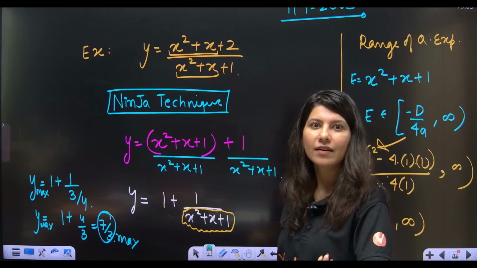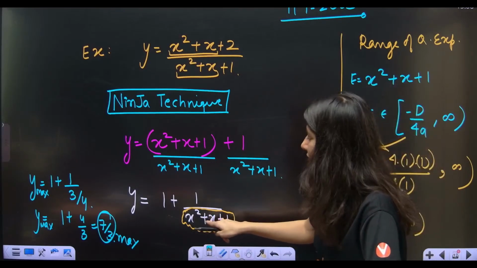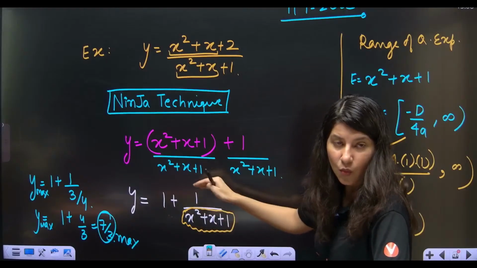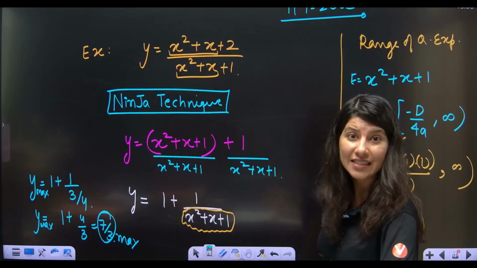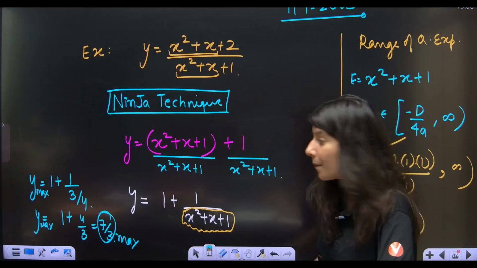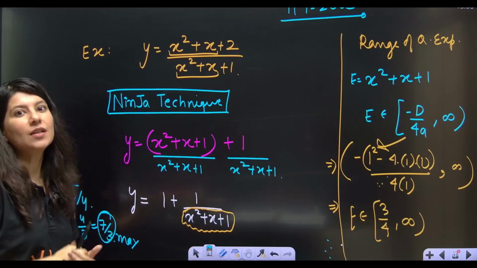Just put infinity: 1 by infinity will be 0, so y is 1 plus 0, so y is equal to 1. But y can never be equal to 1. y will always be an open interval at 1.